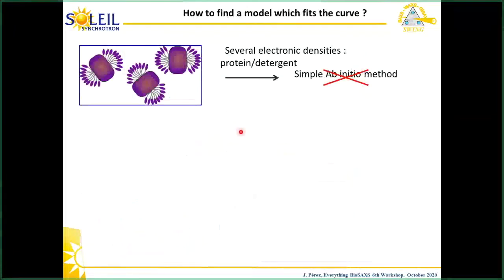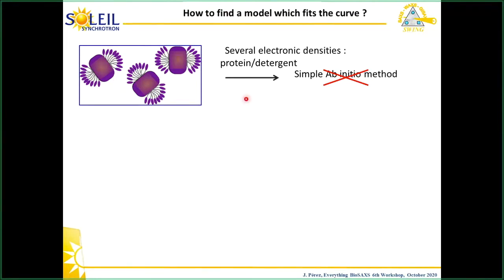And so the question now is how to find a model which fits the curve. Despite having some ideas about how the protein looks, we could simply start by using an ab initio method, like the program DAMIN or DAMIF, for example, or MONSA.